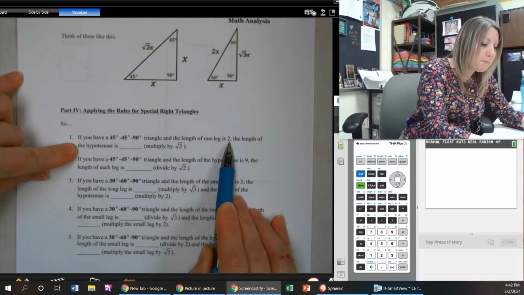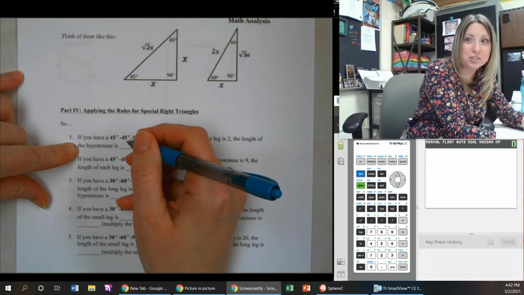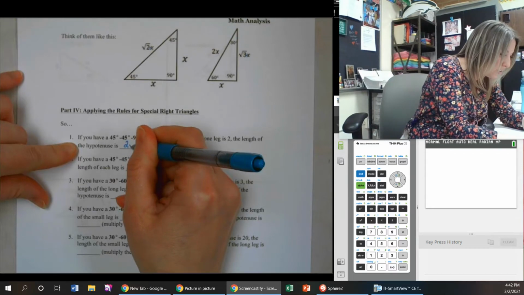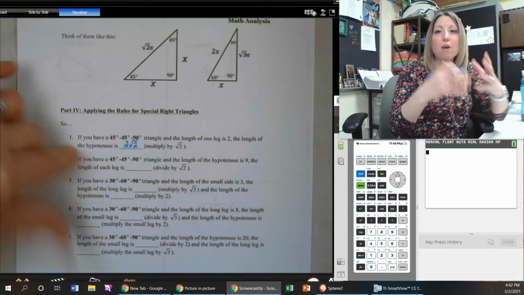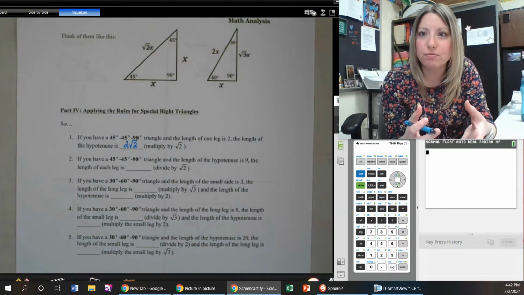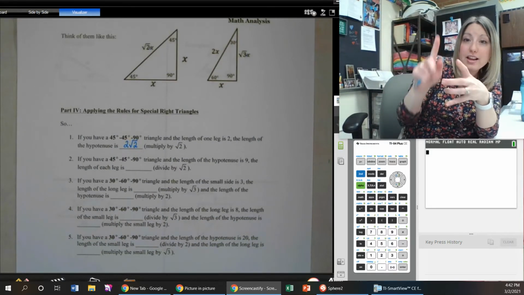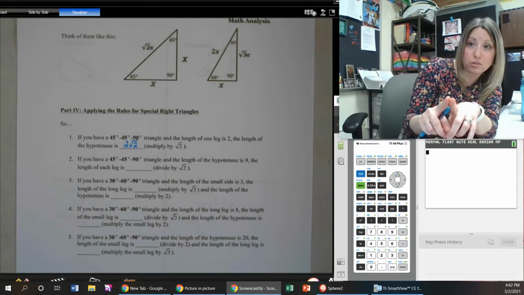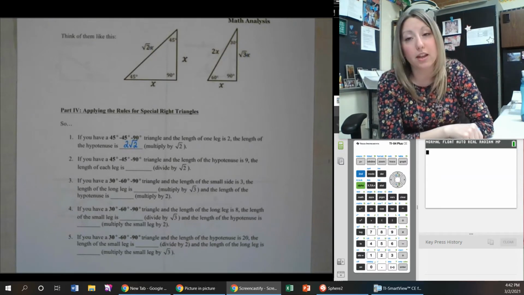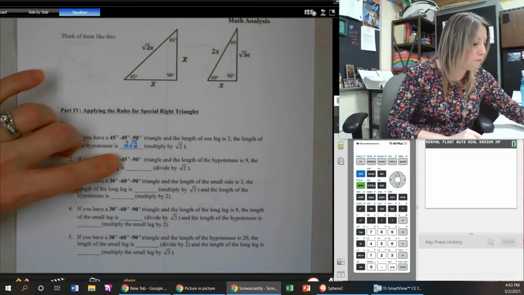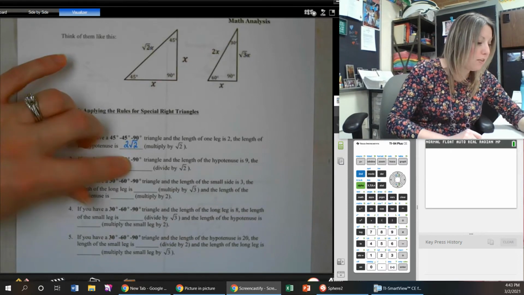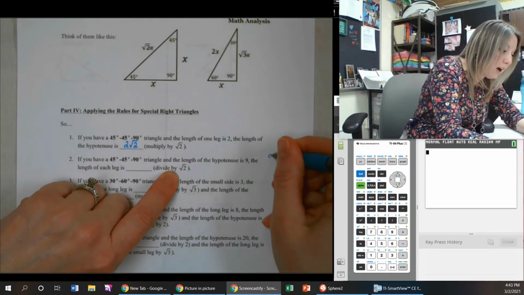The length of the hypotenuse is 2 radical 2 because you multiply it by radical 2. That's the proportionality. If you know the length of the hypotenuse and you need to know the length of the legs in a 45, 45, 90 right triangle, then what you have to do is actually divide it by radical 2.